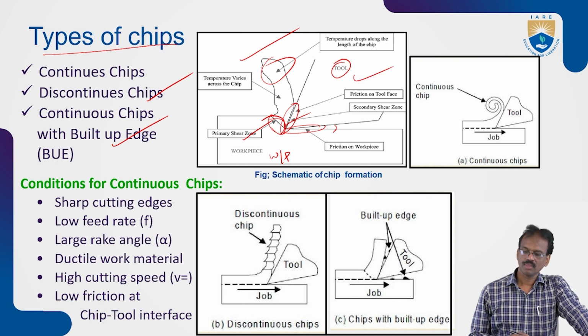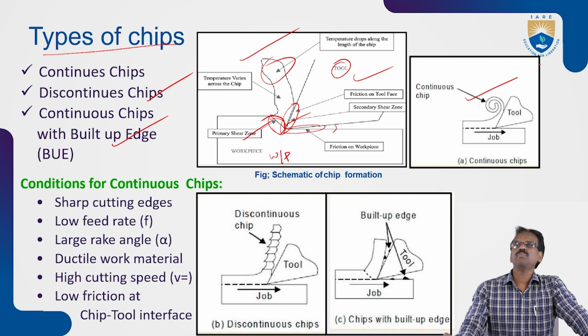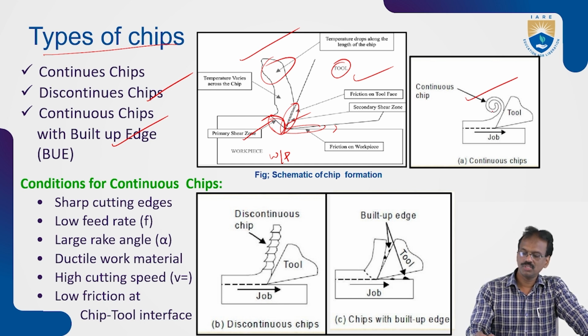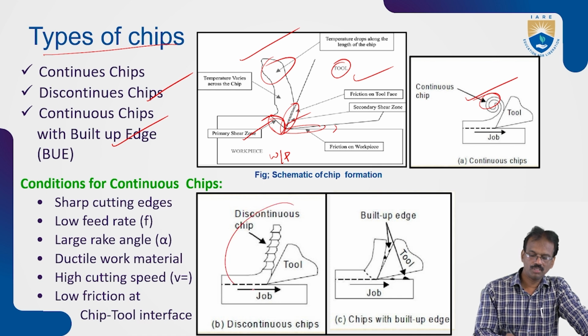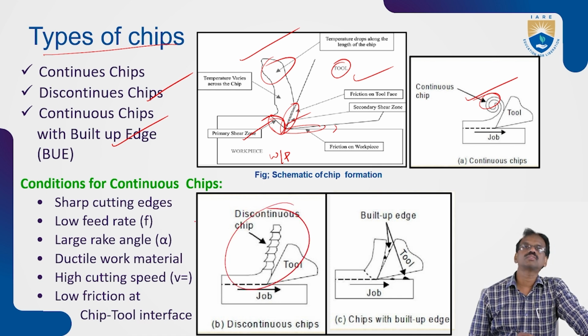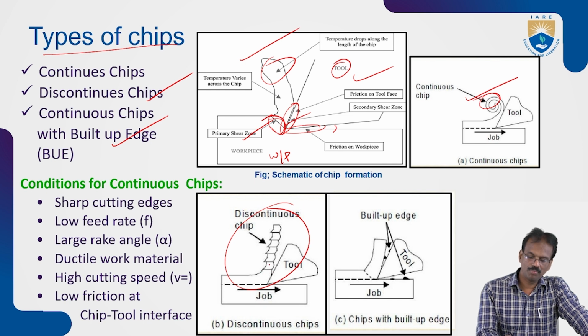Here you can observe this diagram. This is the continuous chip formation; the chip forms in the form of curls like this. Here is the discontinuous chip formation, where the chip forms in the form of segments.